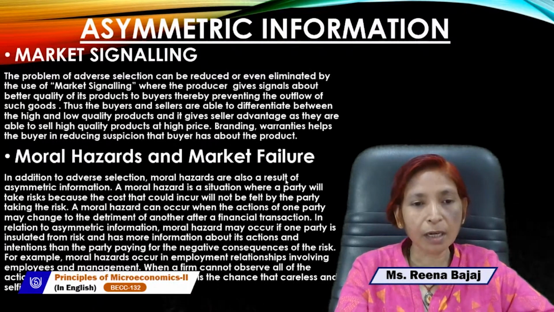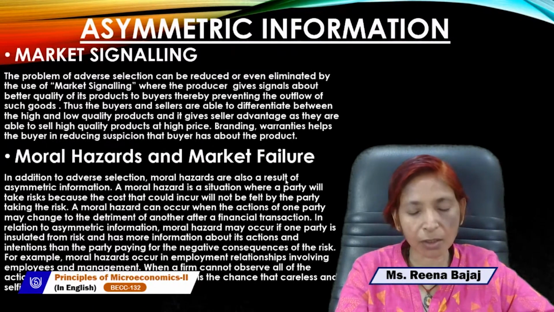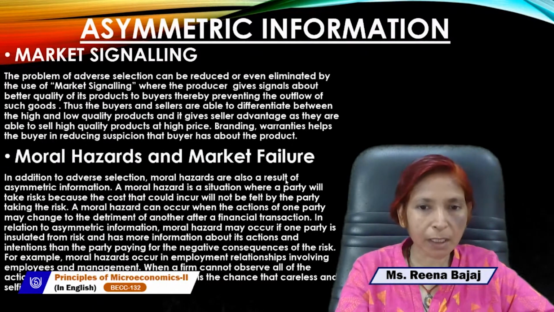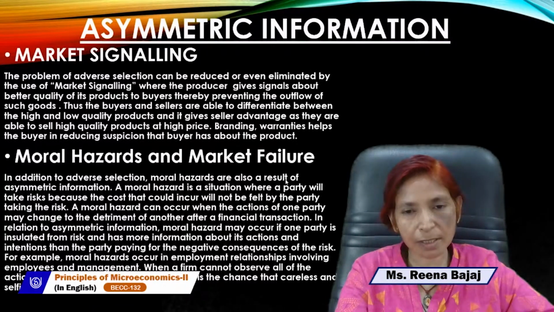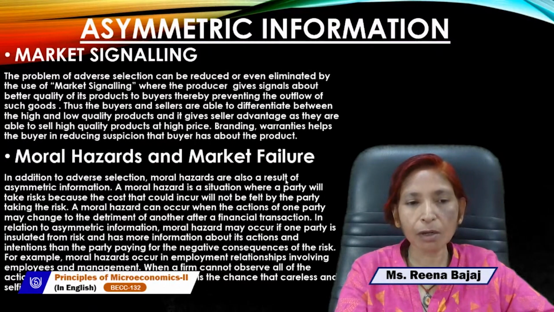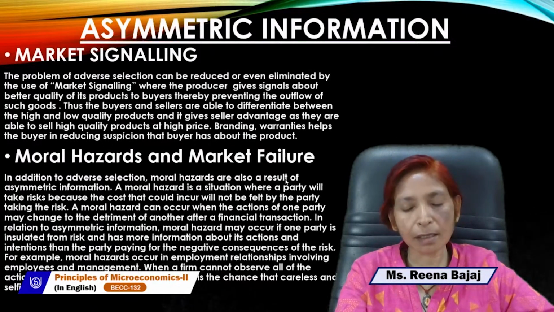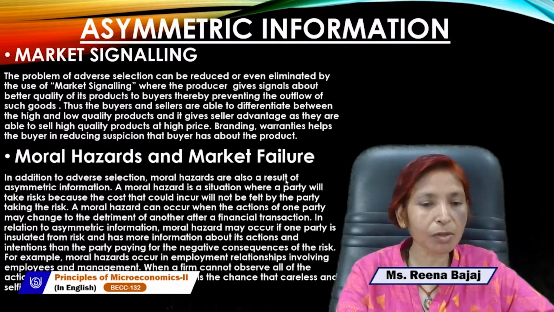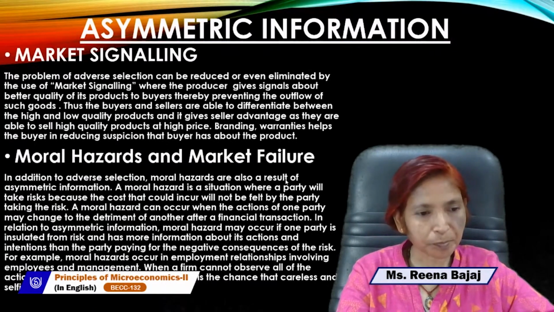But if he hides that information and does not give complete information to the insurance company, and the company gives the policy on the basis of that person's information, in this case the company will bear losses. That is also a main cause of market failure. So moral hazard is also a main cause of market failure.